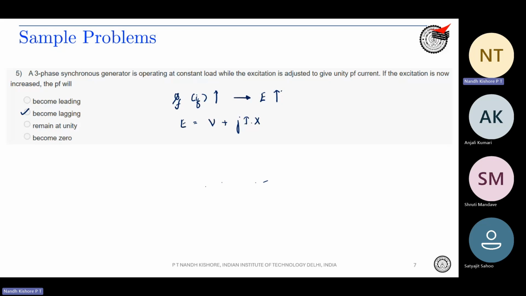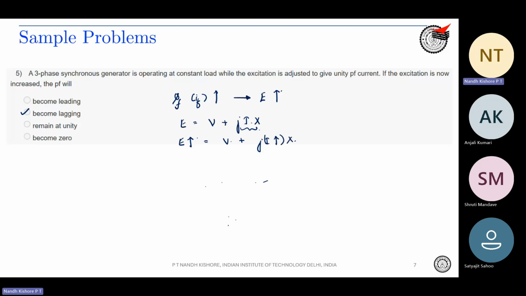Now if E increases for the same V, your reactive component, that is jIX, increases. jX is the same, so basically your I increases.